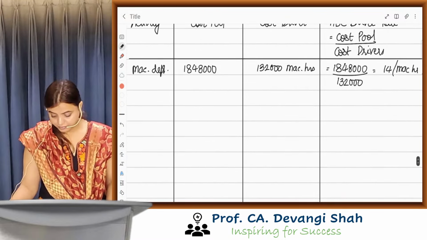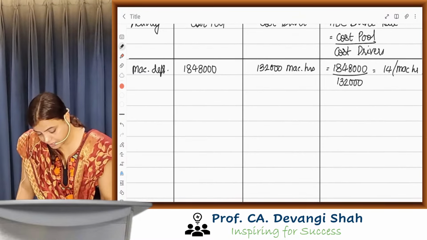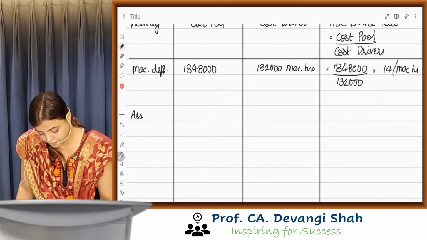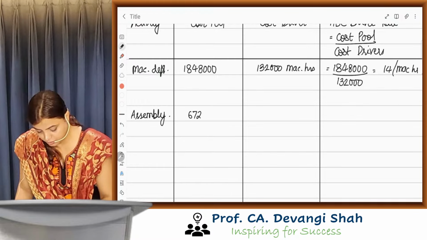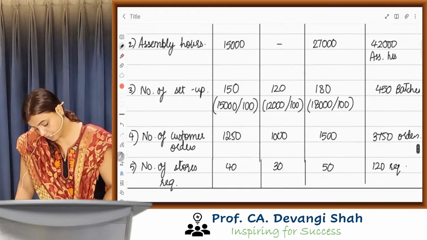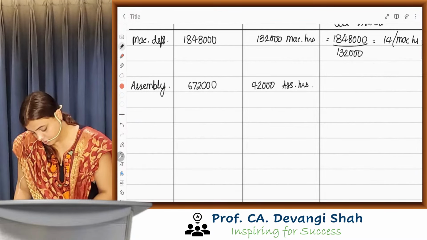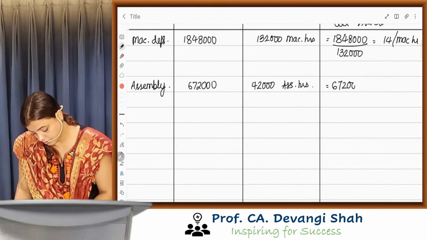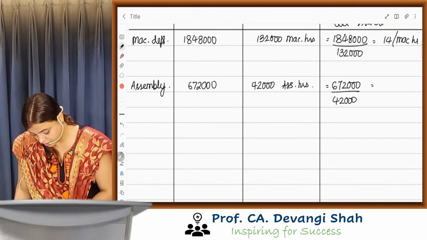Next, assembly. The cost is 6,72,000. There are total 42,000 assembly hours. So 6,72,000 divided by 42,000 assembly hours, you get rupees 16 per assembly hour.